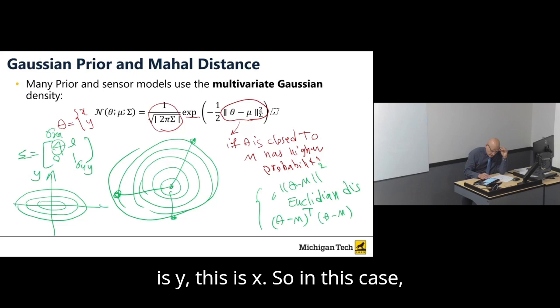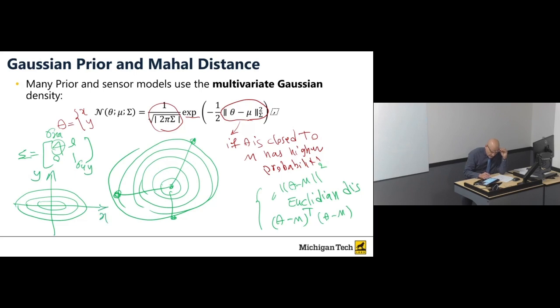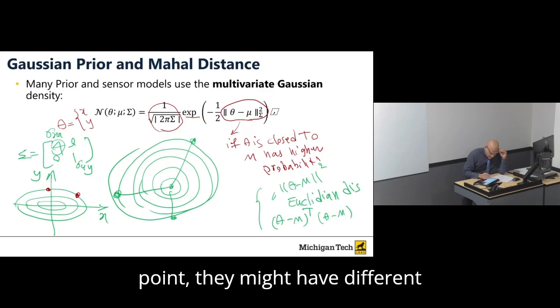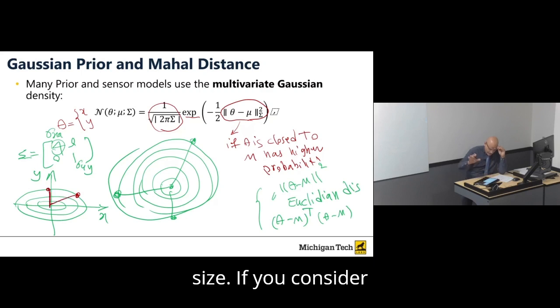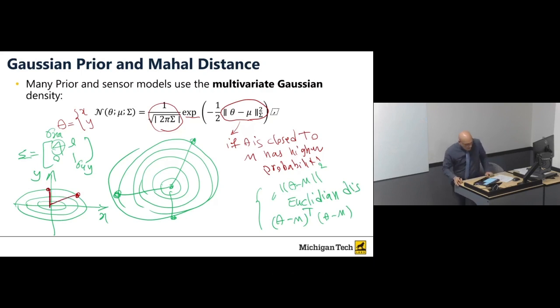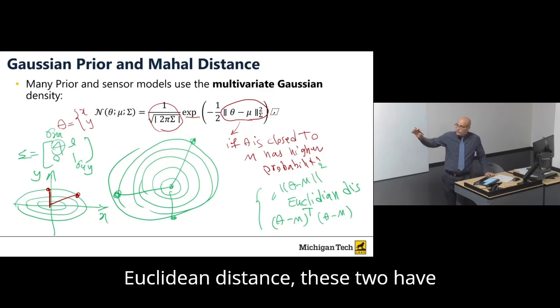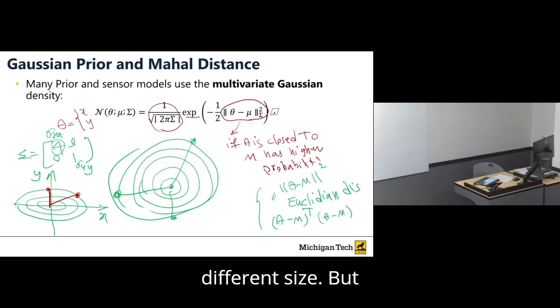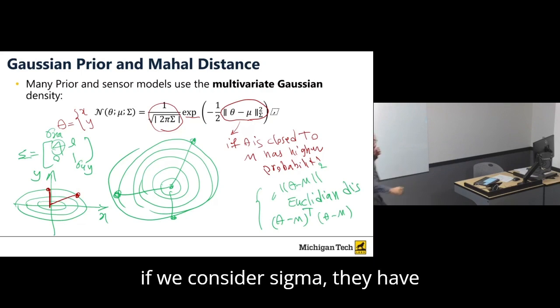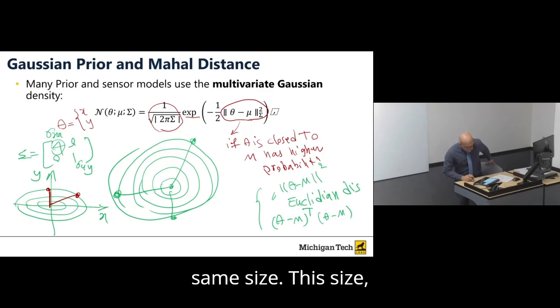So this is y, this is x. In reality, this point and this point might have different sizes. If you consider Euclidean distance, these two have different sizes. But if we consider sigma, they have the same size.